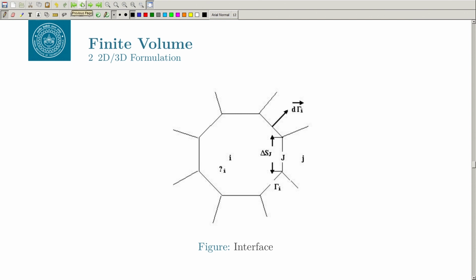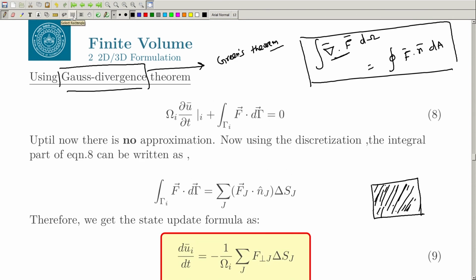So, this is my normal in this direction, this normal in this direction, this normal in this direction, and a normal is outward.